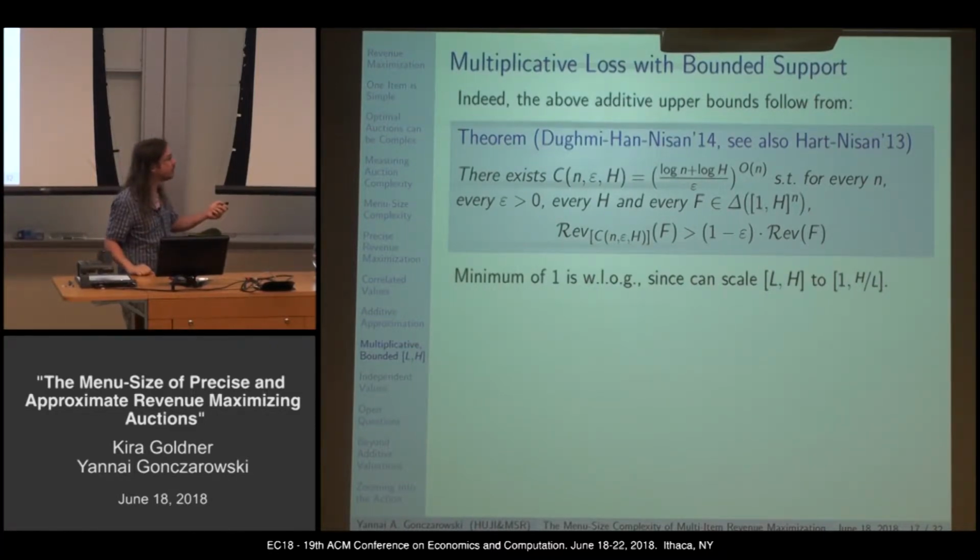Then tell me a distribution that's bounded on 1, h, or more generally, that has a ratio of h between the lower and upper bound. And I'll be able to give you a menu with this size that promises at least 1 over epsilon of the optimal revenue. And as I said, you can think about L comma h, and wherever this says h, say h over L. That's the same because we're talking about multiplicative here.